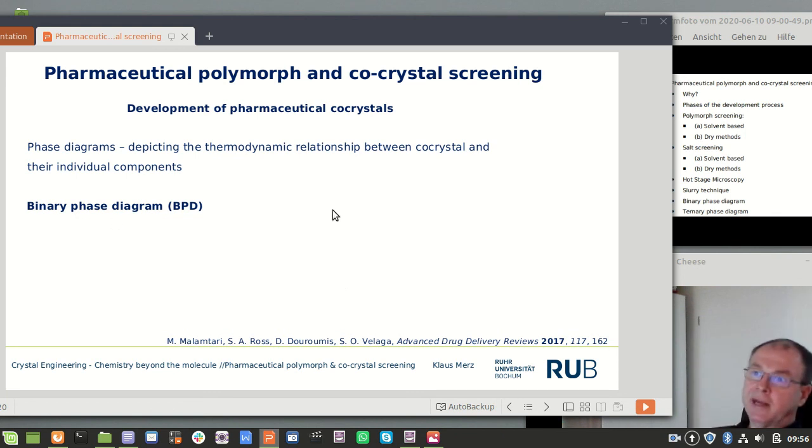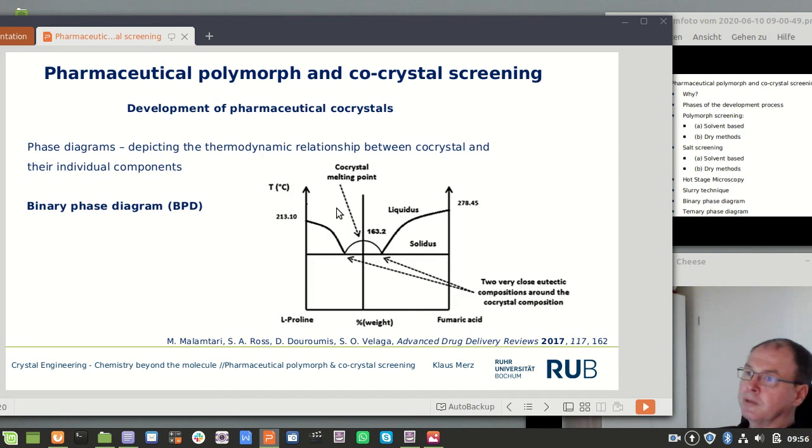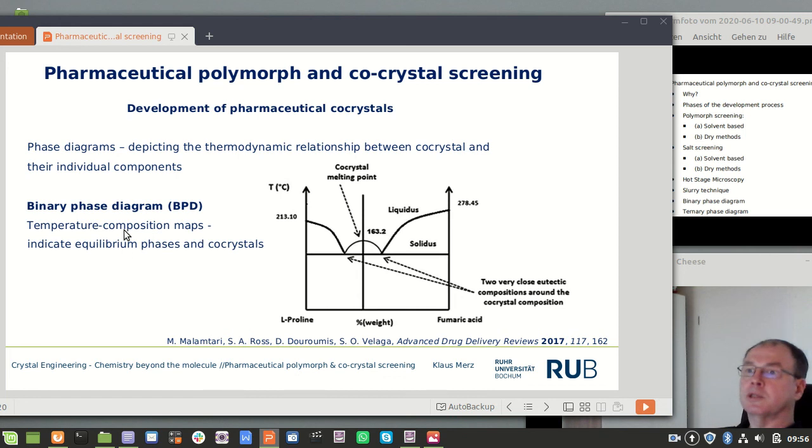One is the binary phase diagram, I will show you here. You have a temperature-composition map. This is your composition, proline and fumaric acid, in weight percent, and the temperature at which your compound melts and crystallizes, and you see the points of eutectic composition.